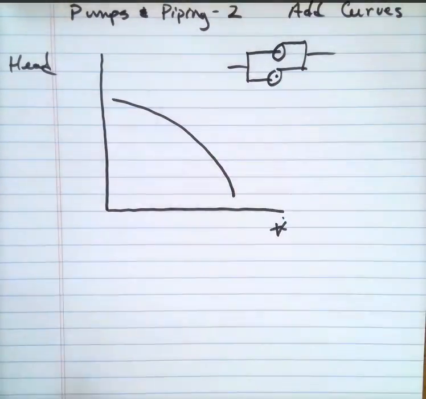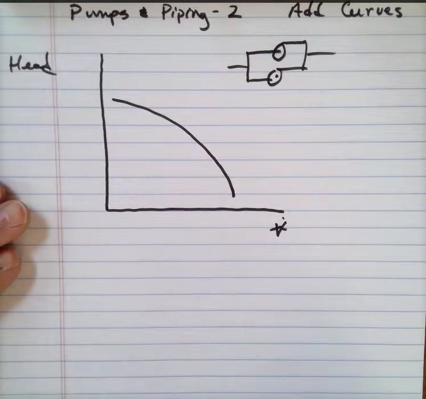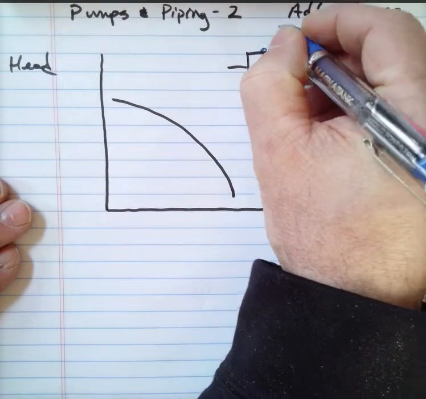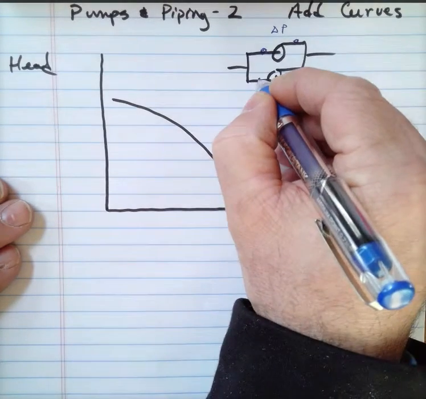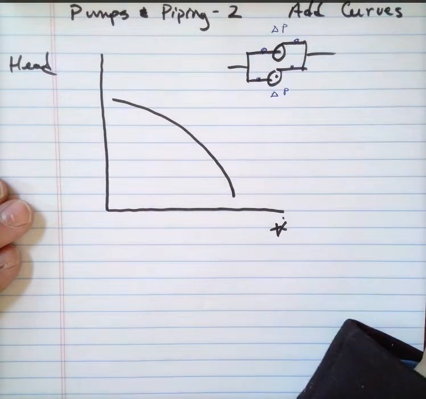Well, the important thing to note here is that pumps in parallel are very similar to voltage sources in parallel. Whatever the difference in pressure is across this pump will have the same difference in pressure, just like if we had 2 batteries, they would have the same voltage across them.